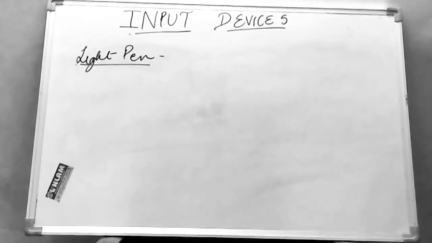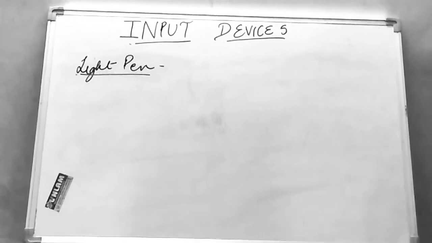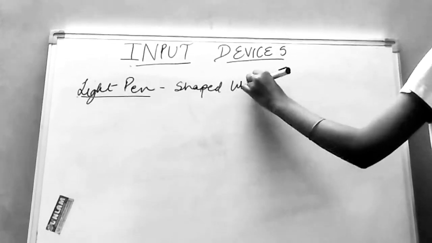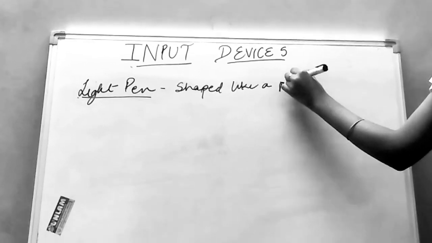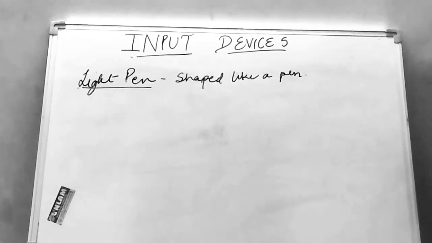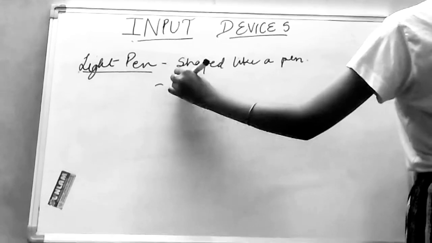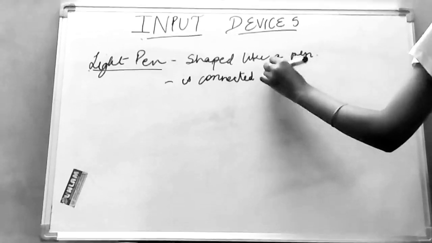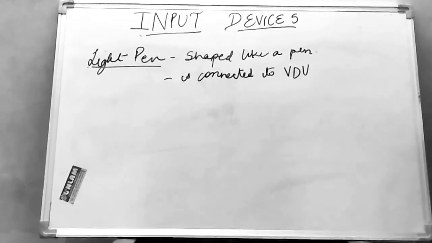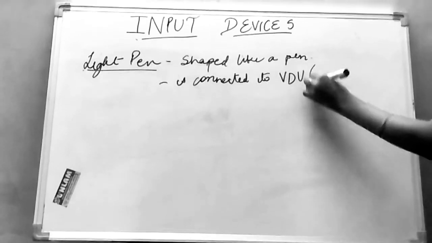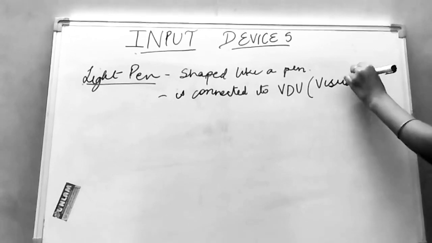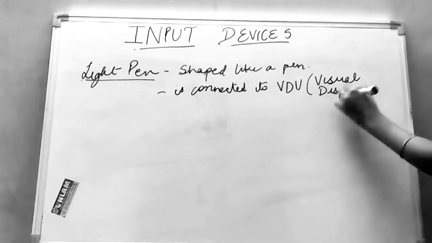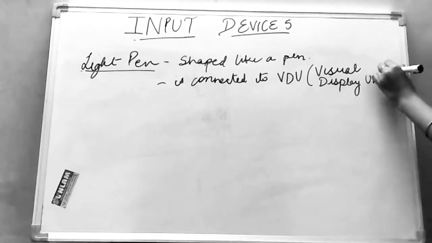So next is the light pen. It is also an input device and it is shaped like a pen, and it is connected to VDU. Now what is the full form of VDU? That is Visual Display Unit.